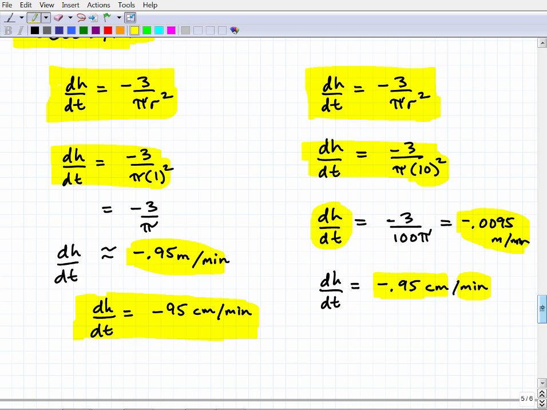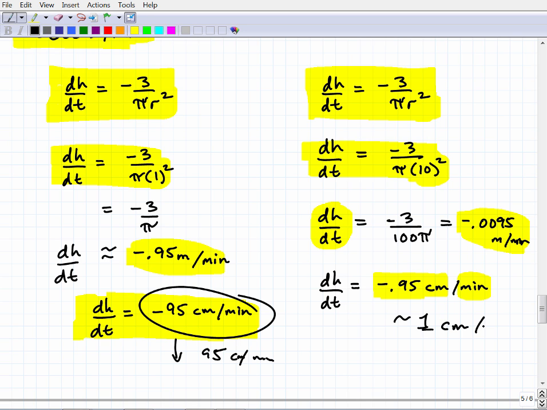So this tank is dropping, let's just use the round numbers, 95 centimeters per minute. So this is much quicker than something that's approximately 1 centimeter per minute.